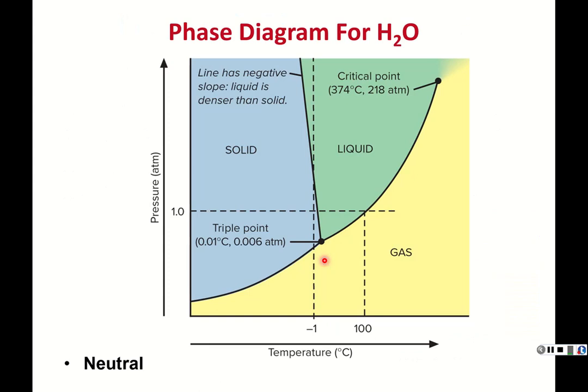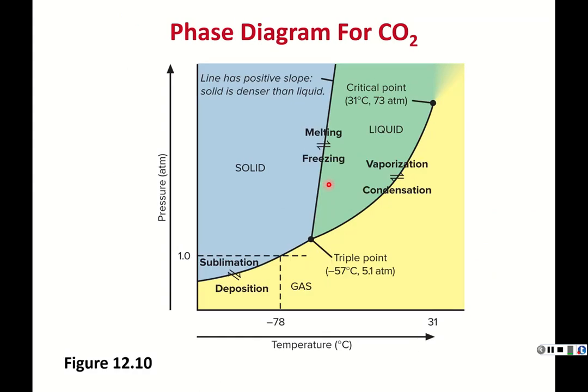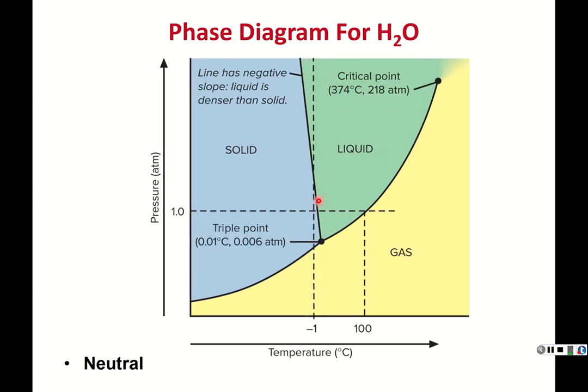Okay, if we go back, most substances, the slope of this line is positive, but in this case, for water, it's negative. You'll also notice that the critical point has much higher pressure and much higher temperature than for CO2.